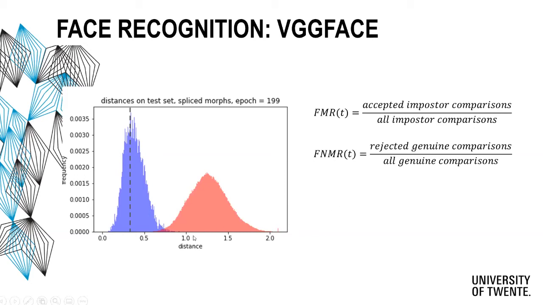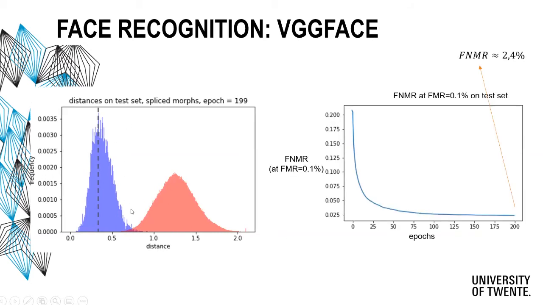If I were to put the threshold over here, I could try to find a spot where those errors are equal. The threshold usually used in practice, for example in automatic face recognition systems at airports, is where the false match rate is equal to 0.1%. So at most 1 in 1,000 impostor comparisons is accepted.